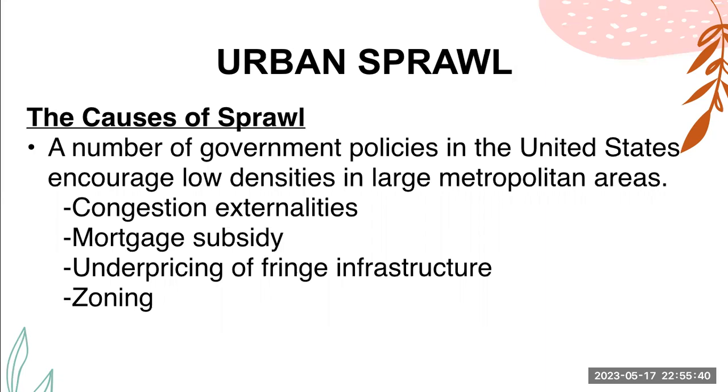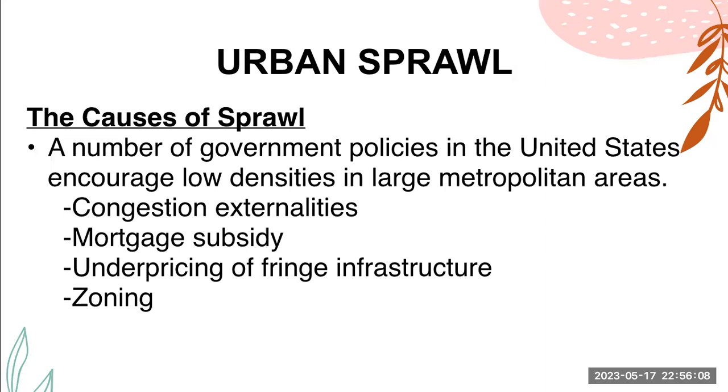This underpricing of urban transportation encourages people to commute relatively long distances from locations far from the city center, where the cost of land is low and the lot sizes are relatively large.